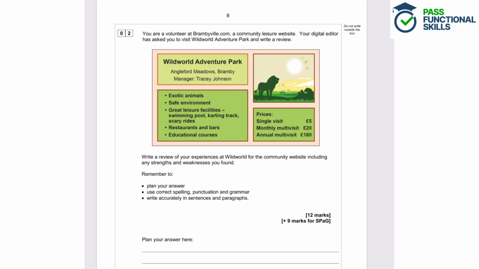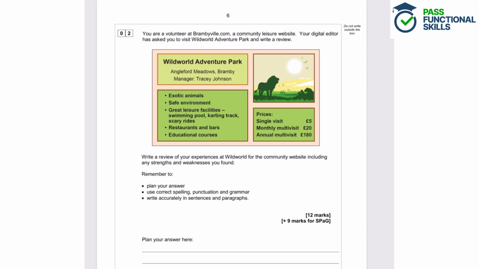Restaurants and bars, educational courses. Prices: single visit £5, monthly multi-visit £20, annual multi-visit £180. Write a review of your experiences at Wild World for the community website, including any strengths and weaknesses you found. Remember to plan your answer, use correct spelling, punctuation and grammar, and write accurately in sentences and paragraphs.